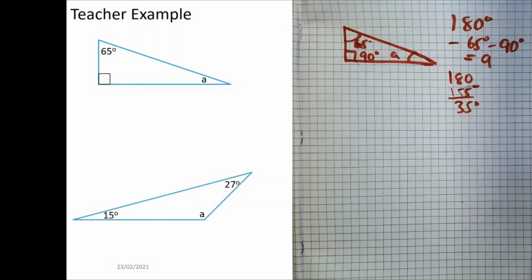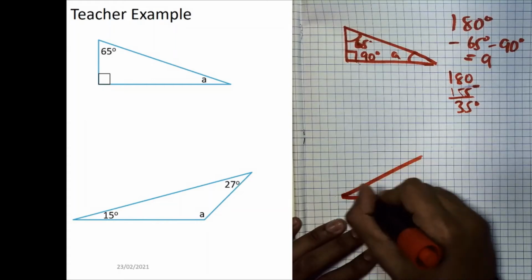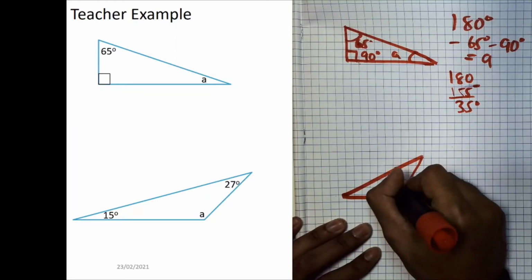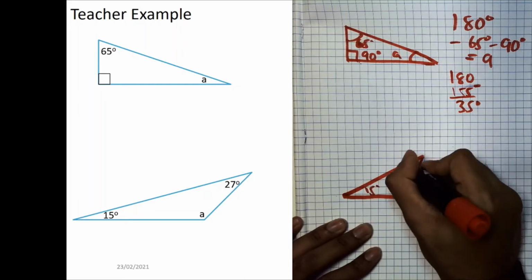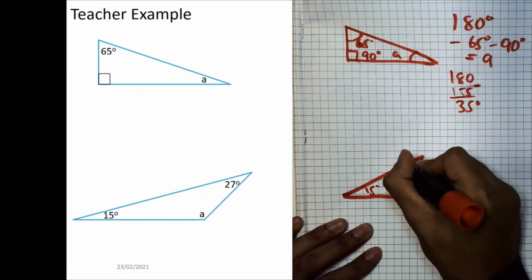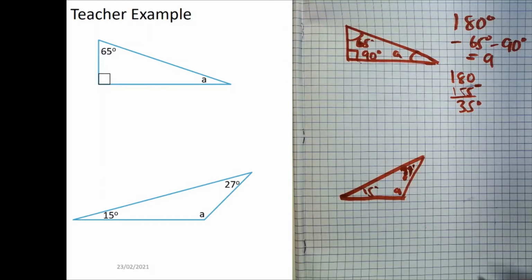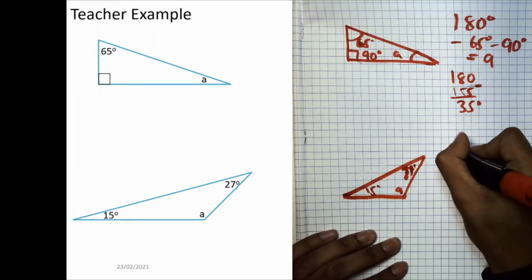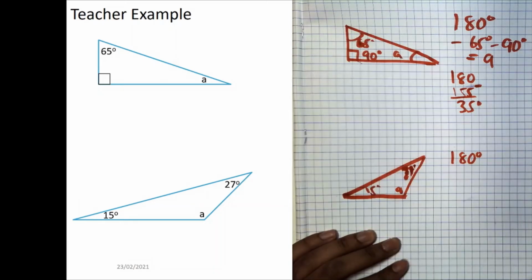Now, for the second question, we have a triangle. It looks like a scalene triangle, but it doesn't matter. Remember, all angles in a triangle, they add up to equal 180 degrees. Okay, so it doesn't matter what the angle is, as long as you know that it adds up to 180 degrees, you can get to the end goal, the answer. So again, the total of the triangle will equal 180 degrees.